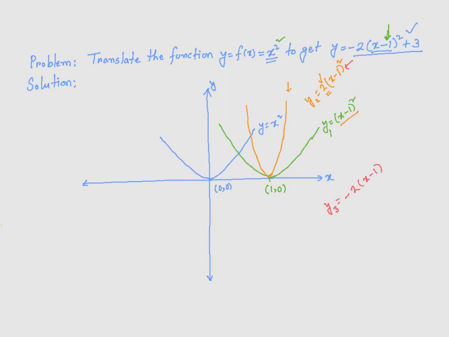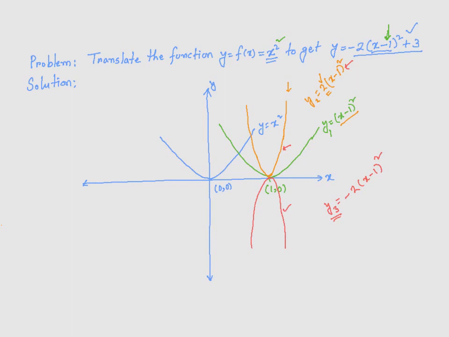So we are going to take this graph and reflect it about the x-axis. This is how it's going to look like. Sorry, there should be a square here. So this y3 is represented by this sketch.